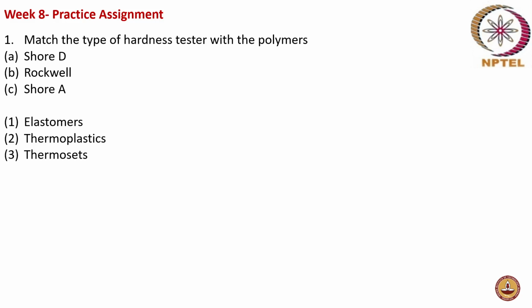As I told you, the test differs from material to material, based on the type of material and also on the type of application. So which of these hardness testers is used for elastomers, which for thermoplastics, and which for thermosets? Any idea?